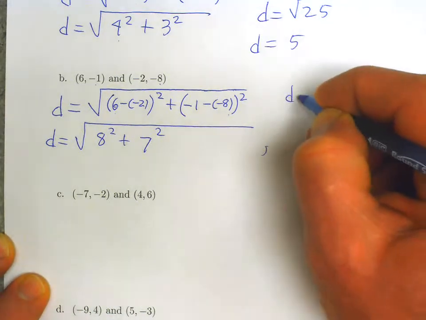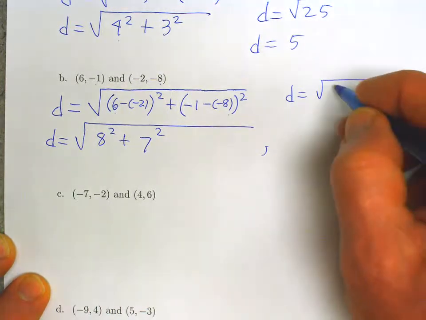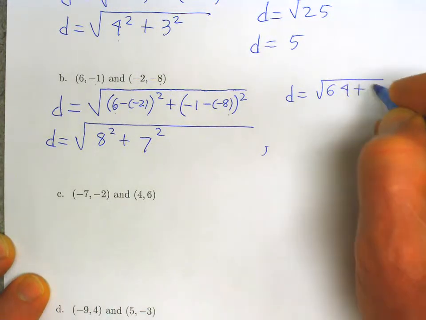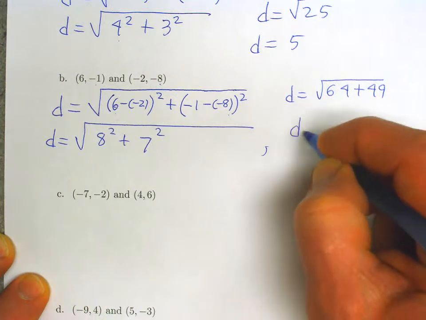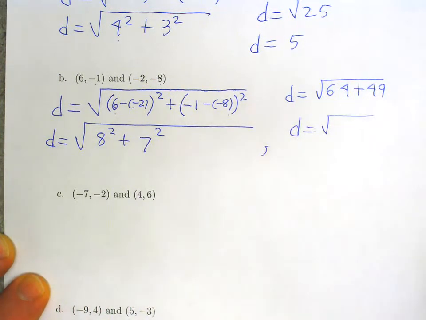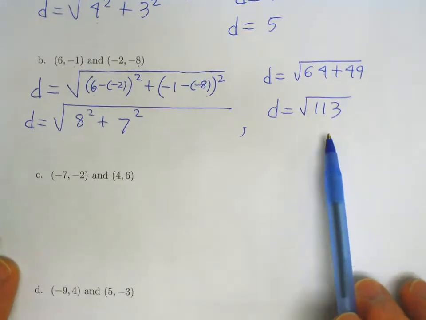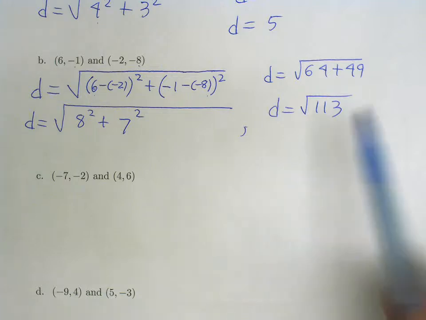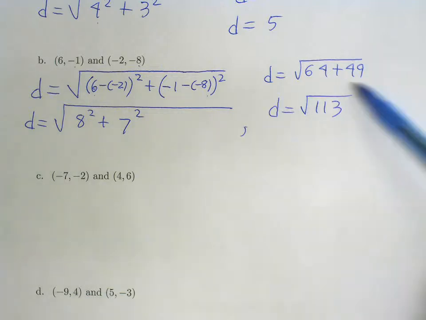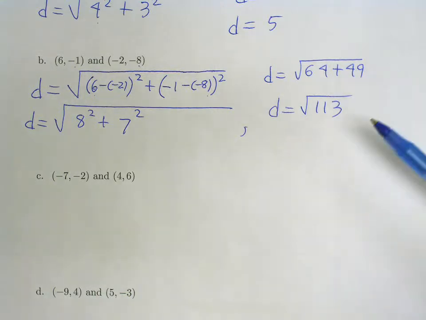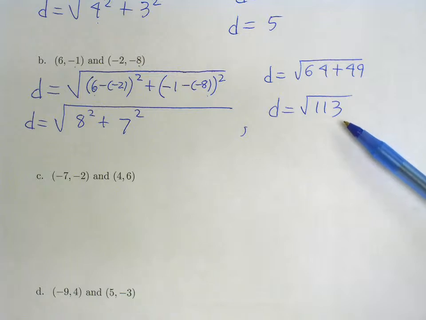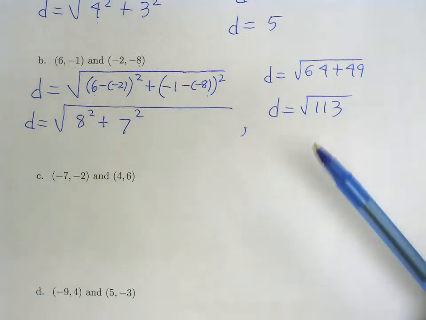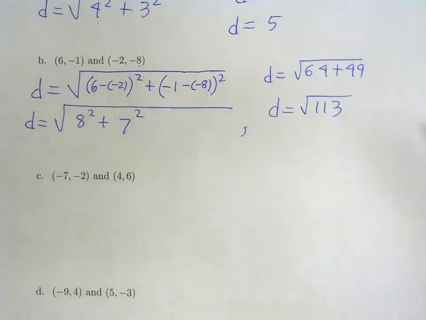So the distance is equal to the square root of 64 plus 49. And 64 plus 49 is 113. The square root of 113 cannot be simplified further, but be able to convert that to a decimal and round it to either one place or two places or more, whatever the directions might say.